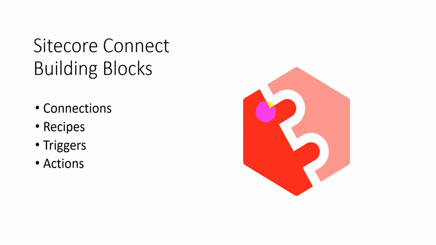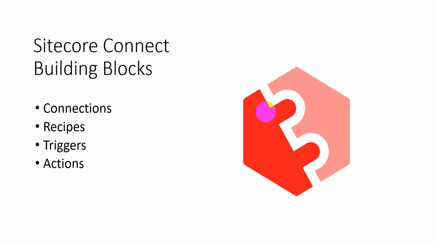And when the item gets created, fine, now what should it do? The actual business part should be defined as part of the action. So you can define that you need to connect to Content Hub one, and you want to sync your data from your Sitecore to Content Hub one. There are different things you can do there. So actions define the core business part, what exactly should happen.